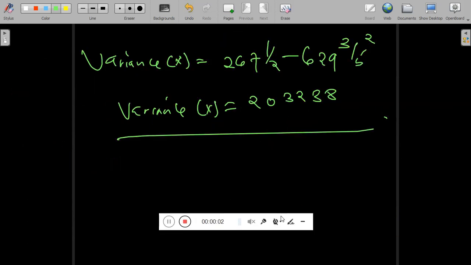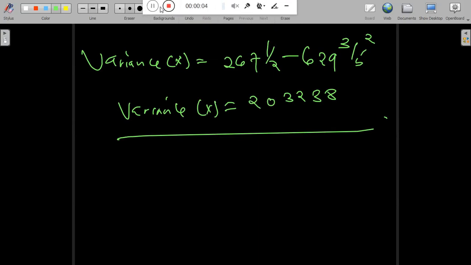So the variance will now be equal to 2032.38, as you can observe.